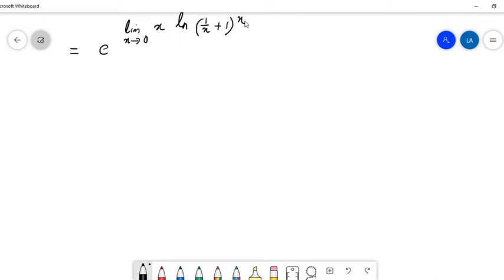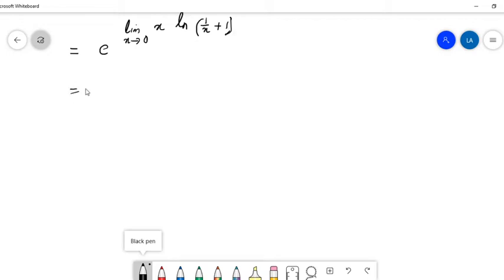The whole raised to x can be cancelled. Here it is just log of 1 by x plus 1, because the x got down.